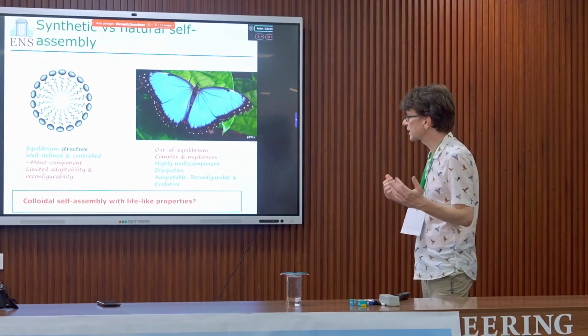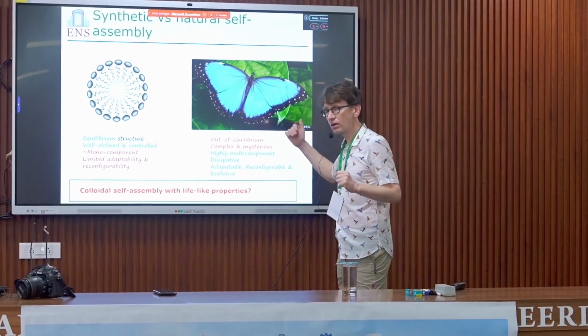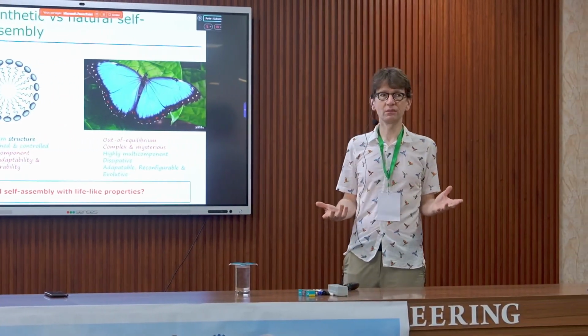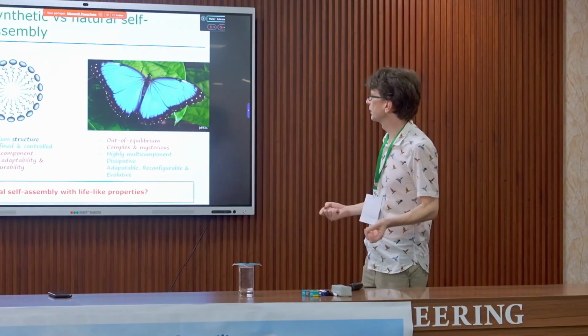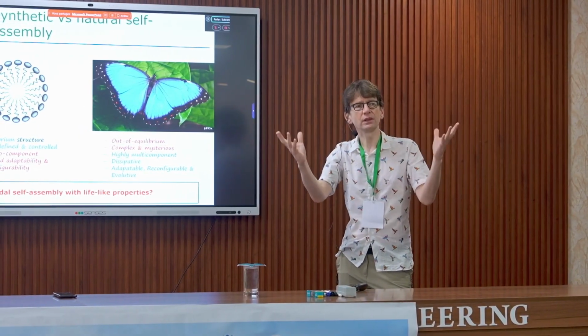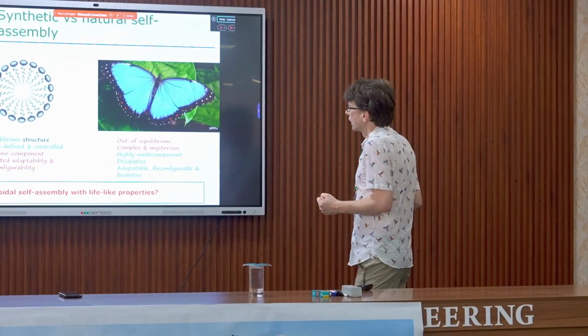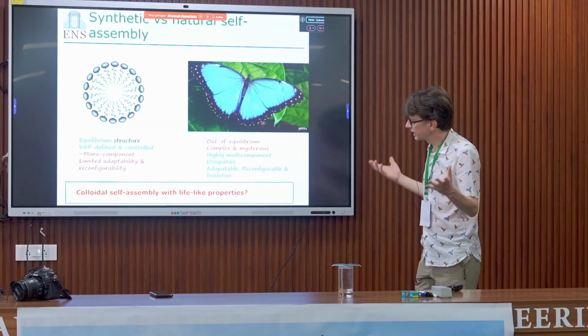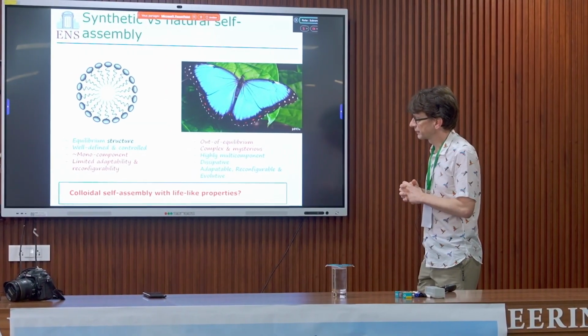That is quite interesting. They are highly multi-component, with many components in a living system, and this is produced by self-assembly. It's not produced by directed assembly. Nobody is coming to assemble my butterfly. It's really self-assembly, right? And they have all these properties that we have talked about: adaptability, reconfigurability, and evolutive assembly.